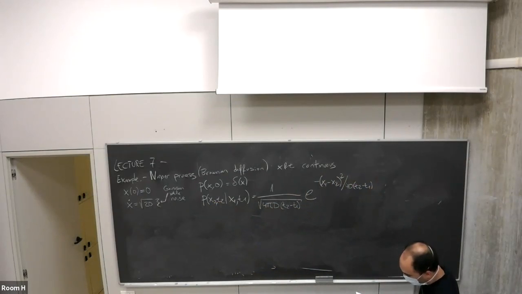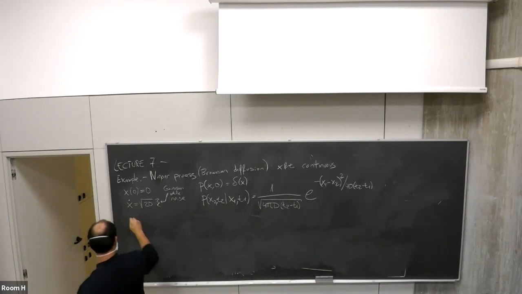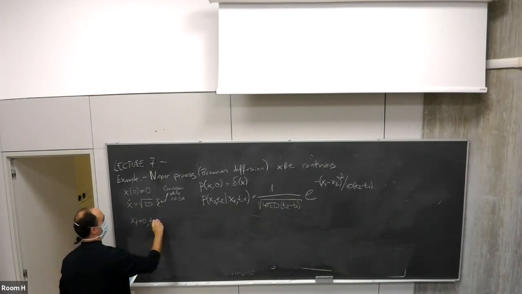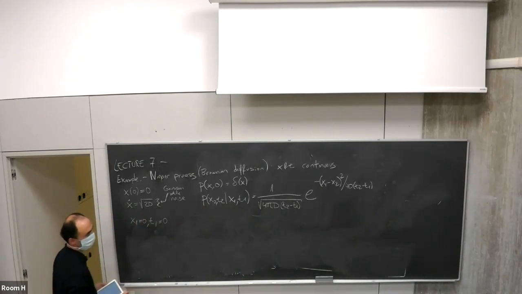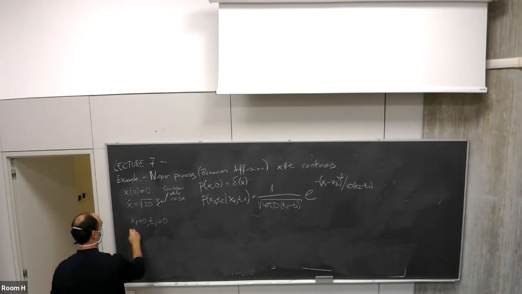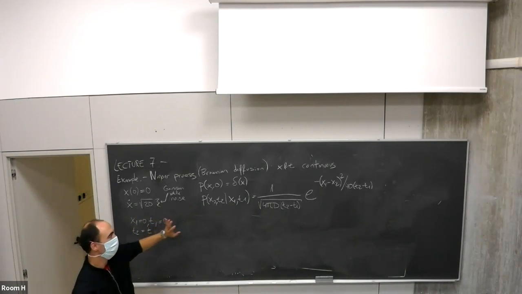What is important is the one-time distribution. For example, let's take x1 equal to 0 and t1 equal to 0, and call t2 simply t. I tell you this, and you should know how to calculate P(x,t).